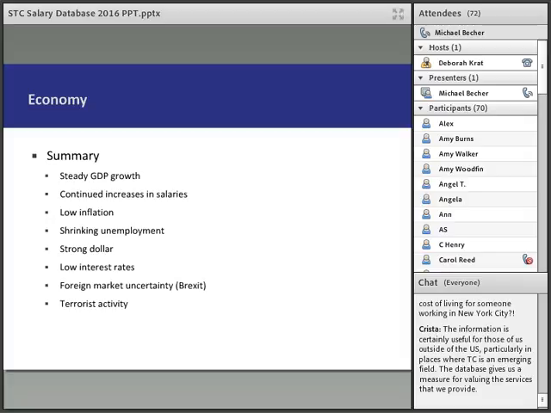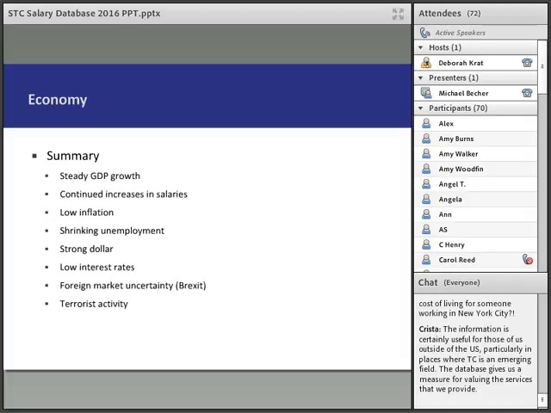We have a very, very strong dollar right now compared to the rest of the currencies in the world. We have extraordinarily low interest rates. Even though we had a hike at the end of last year, we're still at historically low numbers. The foreign market uncertainty is something that we need to keep an eye on. And with that, that's things like the Brexit, where the UK left the European Union. It had some immediate effects on our stock market, which then rebounded, but we still don't know the full global implications of that occurring.